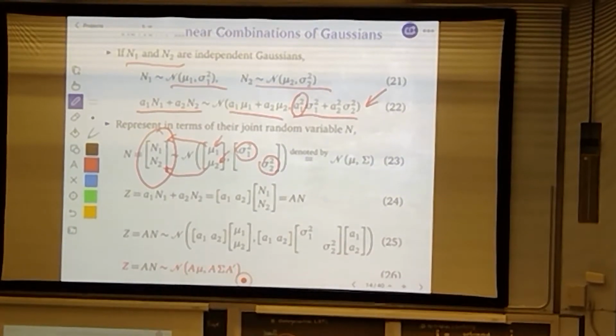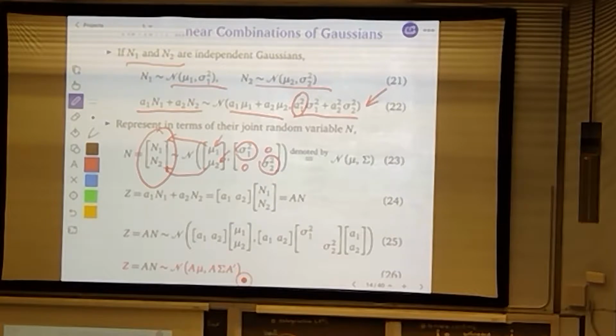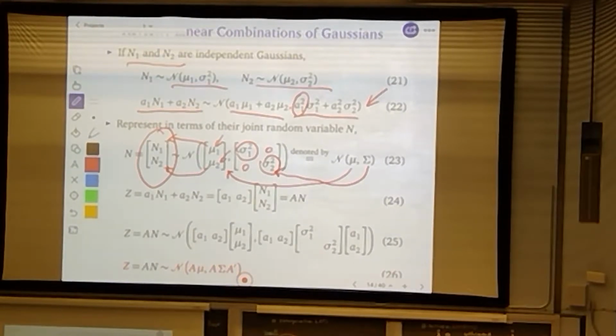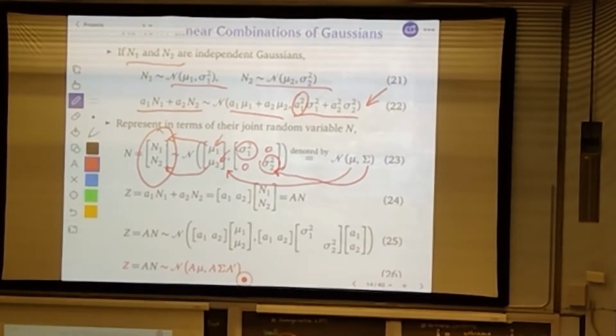This is a covariance matrix, and this is 0. The cross term is 0 because they are independent of each other. Okay? And we denote this as mu and sigma. So this is the mean of the joint variable, and this is the covariance matrix, usually denoted by sigma. Okay? And this is the n.